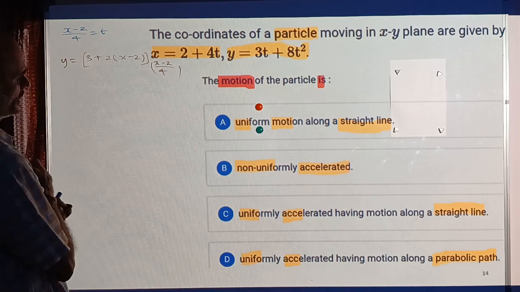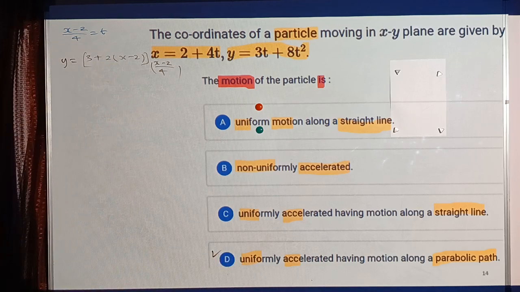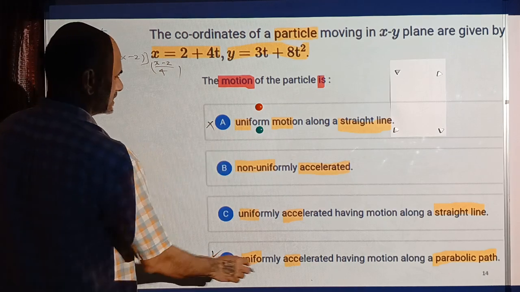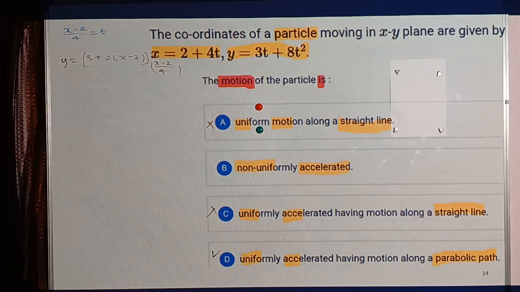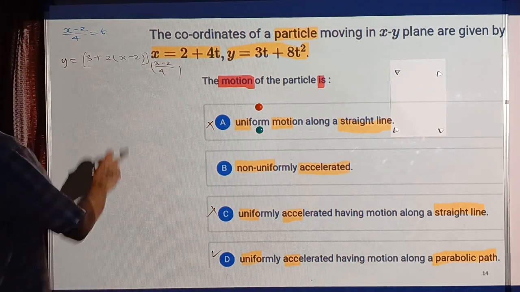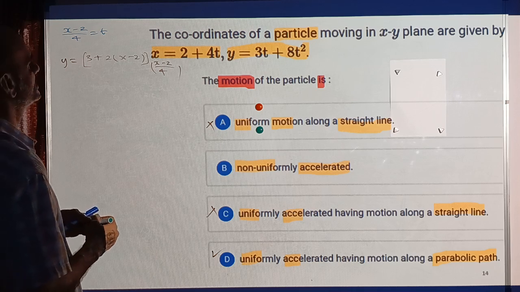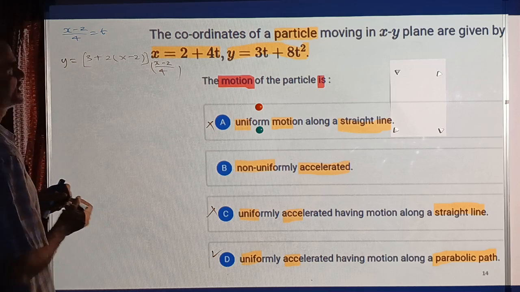We can simplify it, but it's not required. It's not a straight line motion. It's parabolic motion, definitely parabolic. And here the acceleration is uniform, because if you take the x direction, dx by dt, and d square x by dt square, that's 0. The y motion will have an acceleration.